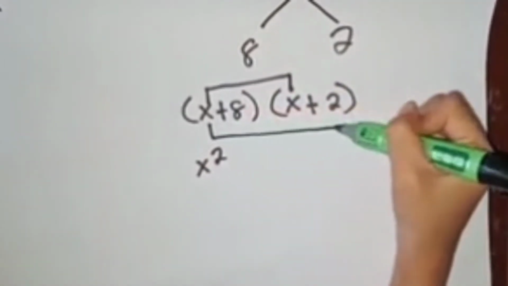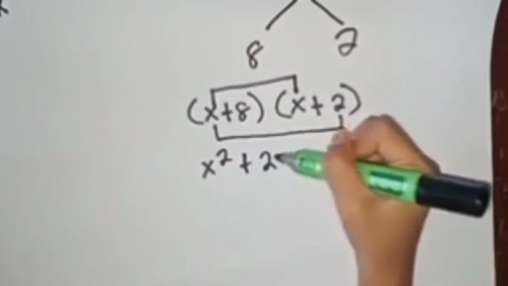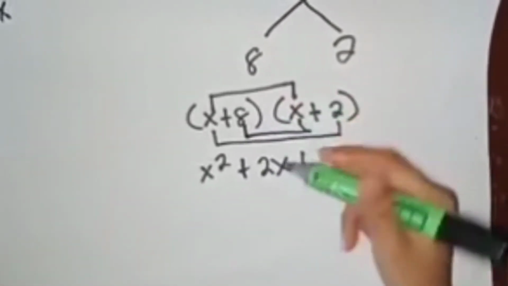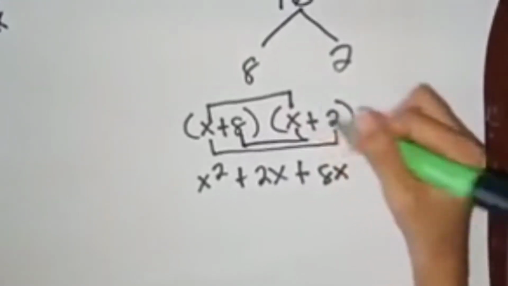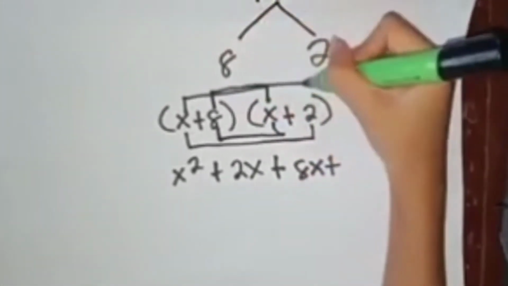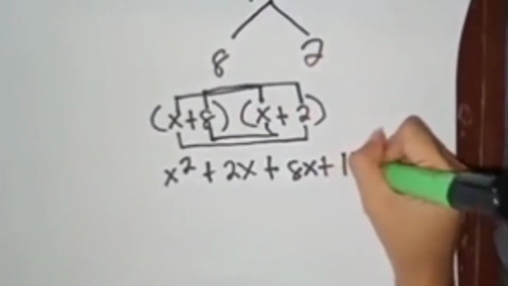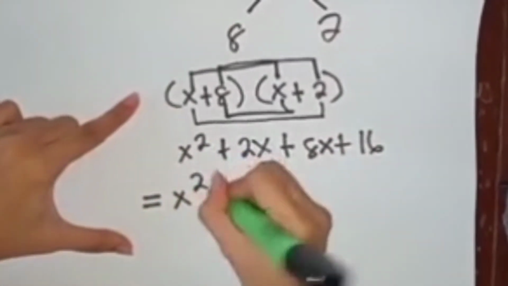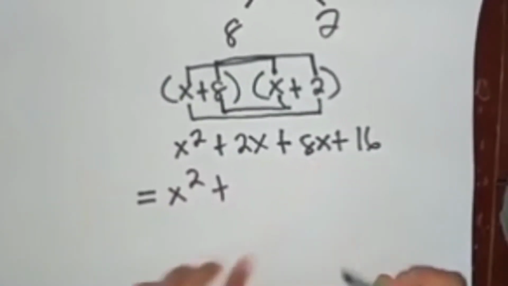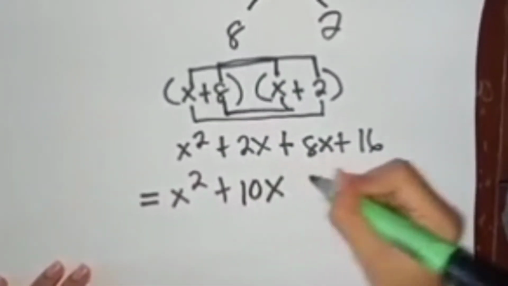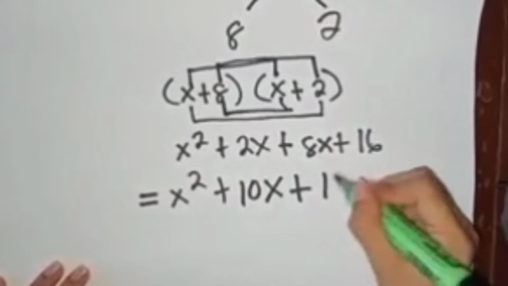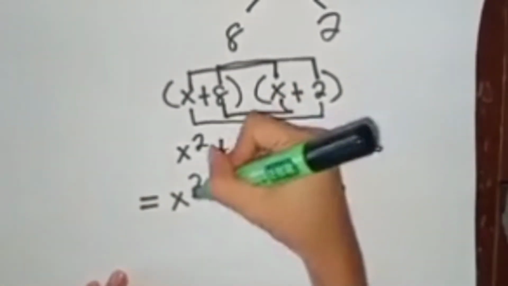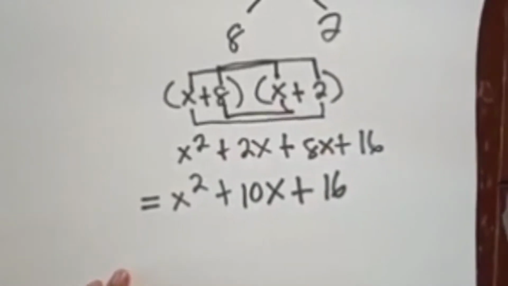X times 2 is equal to 2x, and 8 times x is equal to 8x, plus 8 times 2 is equal to 16. So x squared plus 2x plus 8x is equal to x squared plus 10x plus 16.